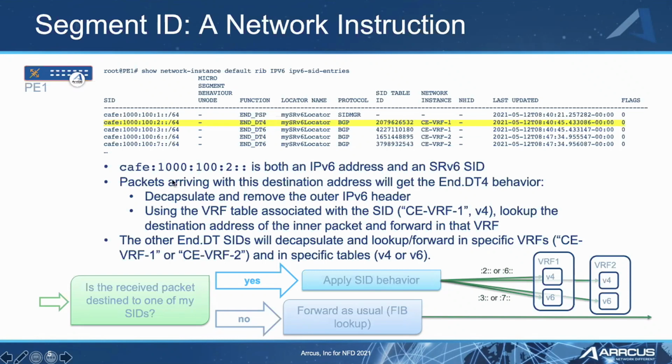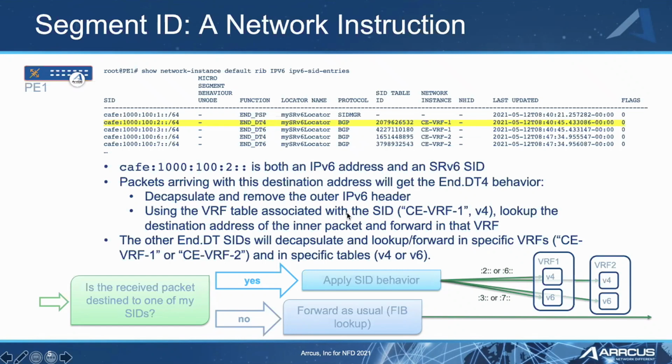So for example, if a packet arrives at the SID cafe:1100:2::, that is an End.DT4 behavior. You can see that in the function column, and you can see that it's going into the network instance CEVRF1 and to the table, the v4 table there, which has this table ID.